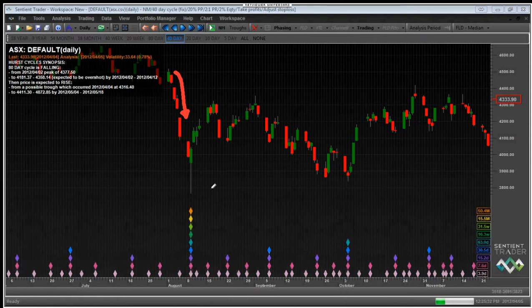After the weekend, price continued to fall on the Monday. On the Tuesday, it looks as if the whole of Australia panicked, and the stock market went down to a low point, which is this low point over here. But then during the course of the day, they realized, hang on, I don't need to panic, and the stock market bounced up again.